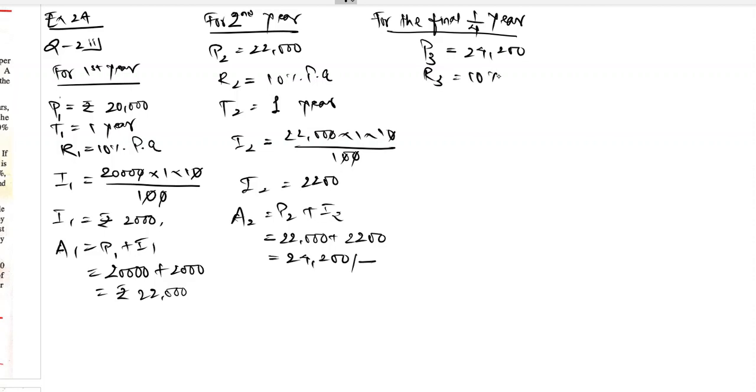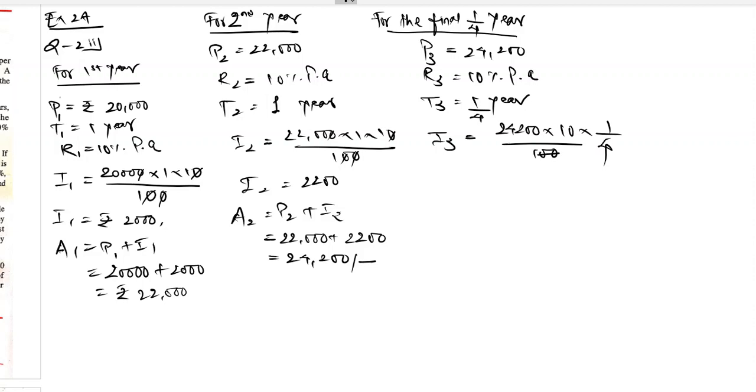R3 will be 10% per annum. T3 will be 1 year. I3 will be 24,200 into 10. I'm sorry, T3 will be 1 by 4 here, okay? Into 10 into 1 by 4, the whole upon 100.